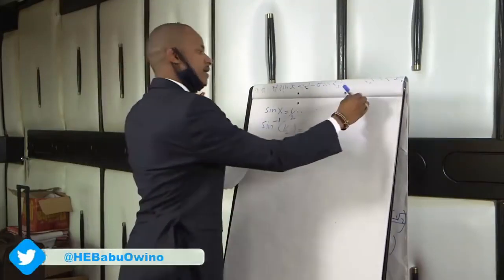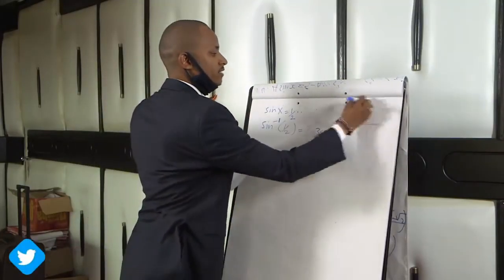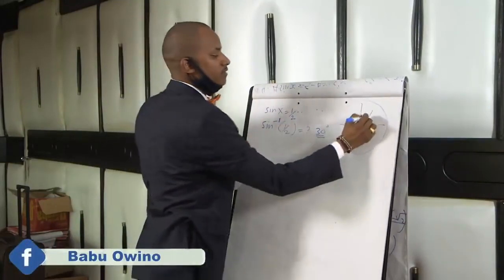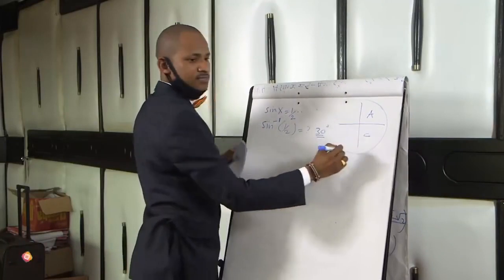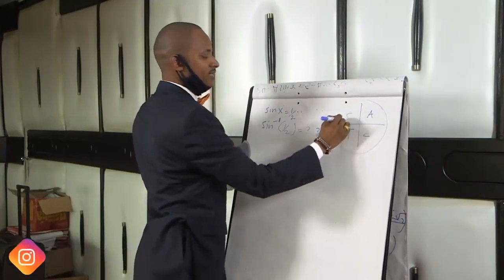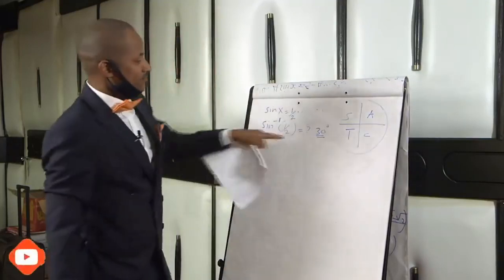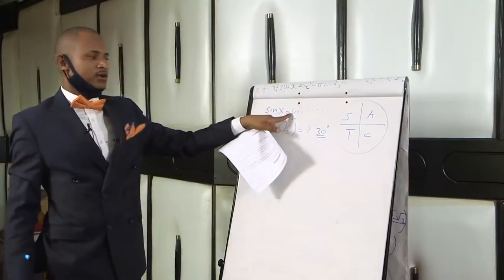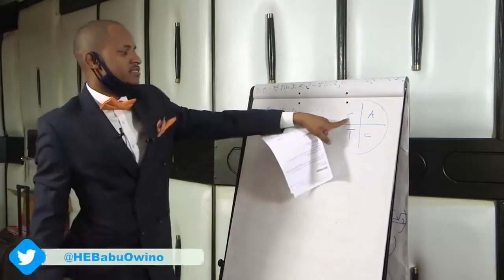Therefore, you come again and draw the quadrant circle. In the circle, we said all students take... So the angle is 30 degrees, but this time round, it's positive. When it's positive, sine is in the second quadrant.